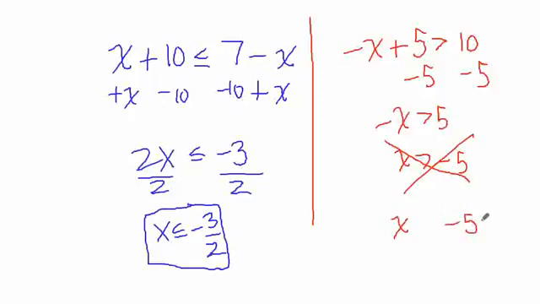That was fine, but now instead of a greater than symbol, I have to make it a less than symbol. You see that? Now pick any number that's less than minus 5, and you'll see that it will satisfy the original equation. So keep that in mind. Whenever you multiply or divide by a negative, you need to switch from a greater than to a less than, or from a less than or equal to a greater than or equal.